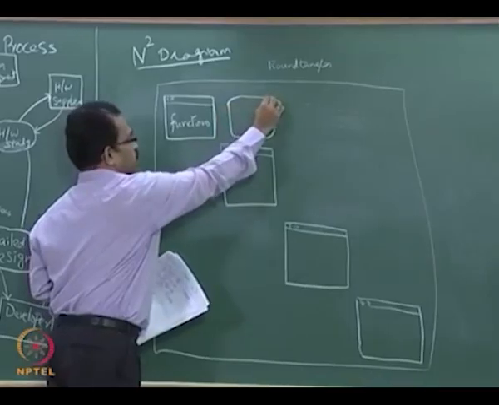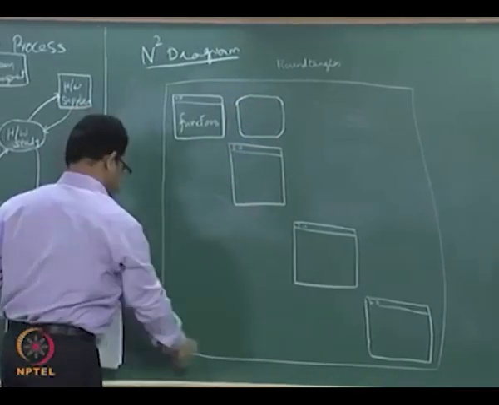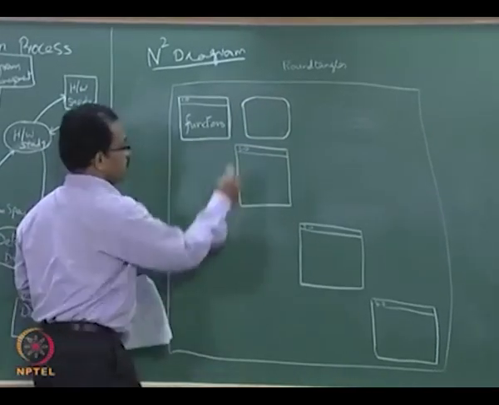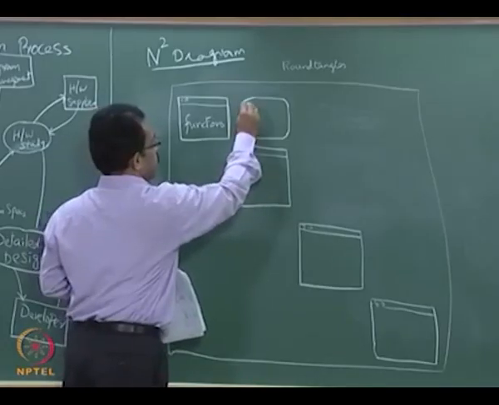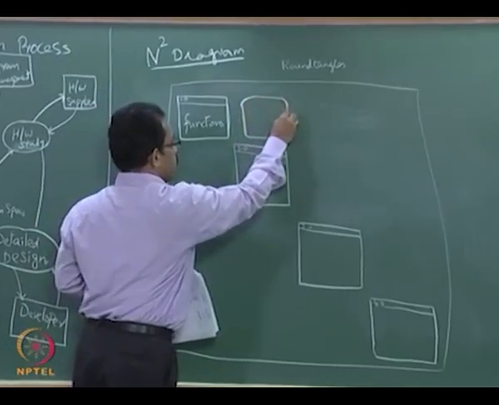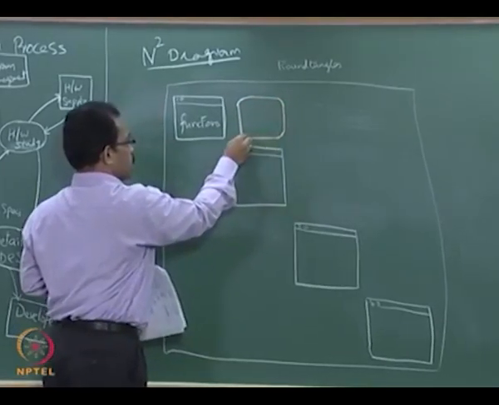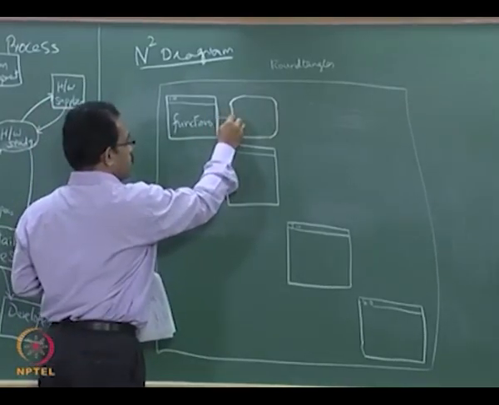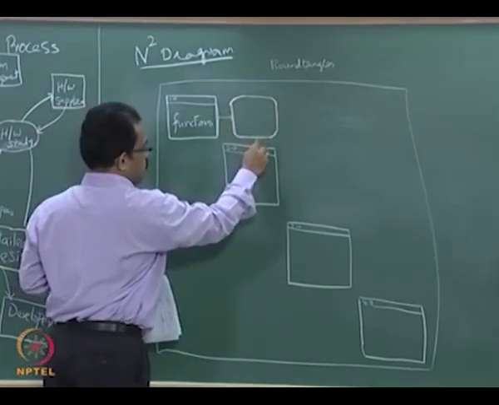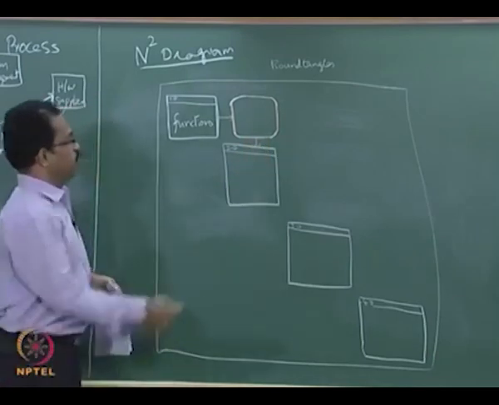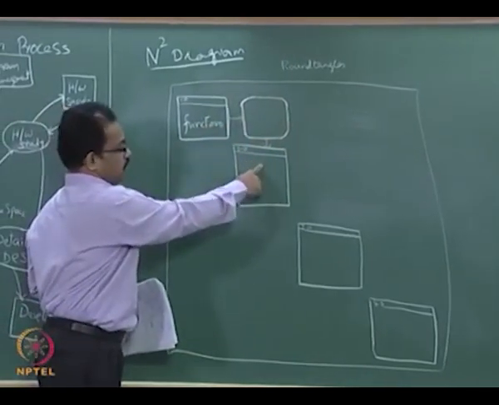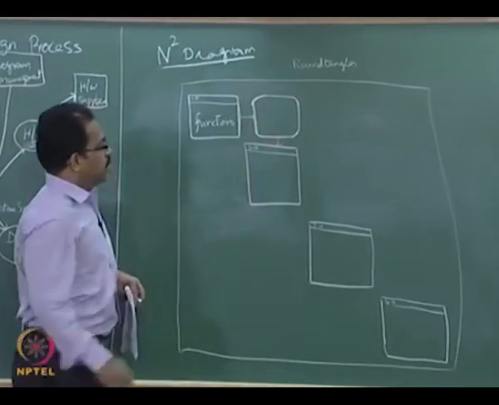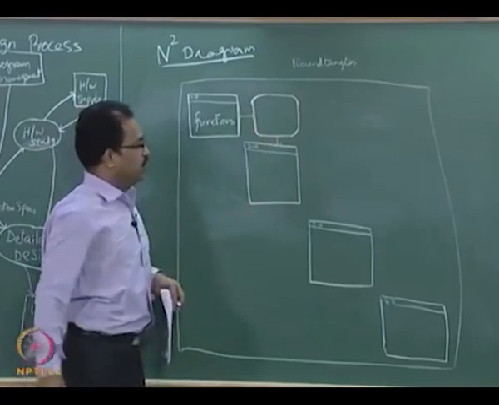This represents the interaction between different functions, and here the kind of data flow is represented using arrows. If there is a data flow from this function to this function, it is represented like this, and this is the forward flow of data.